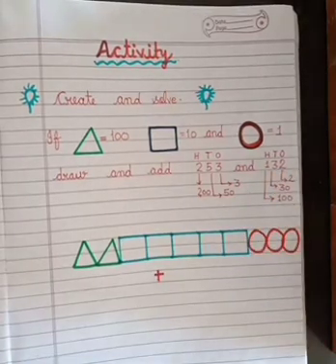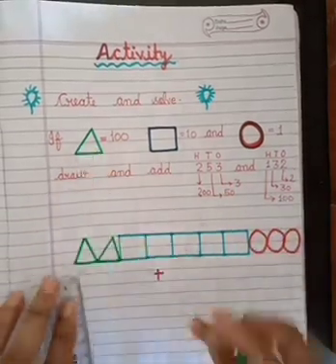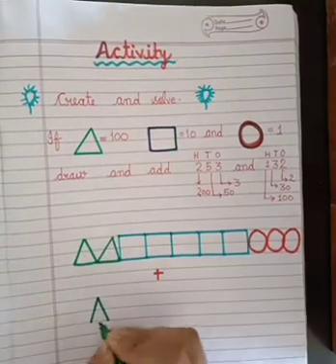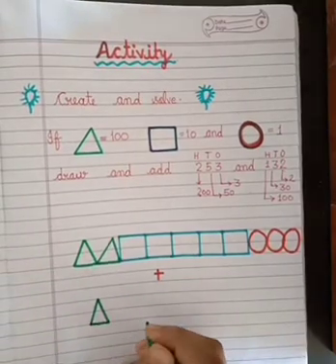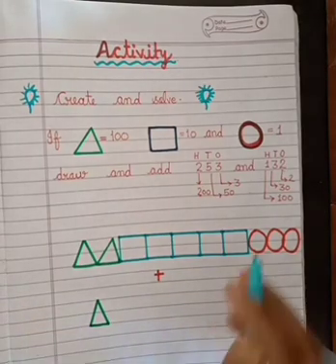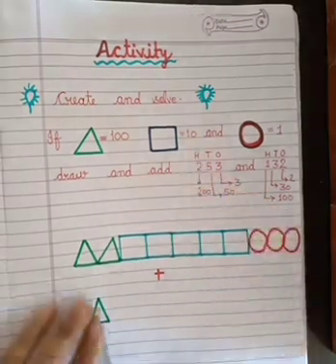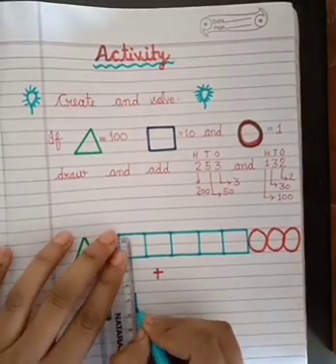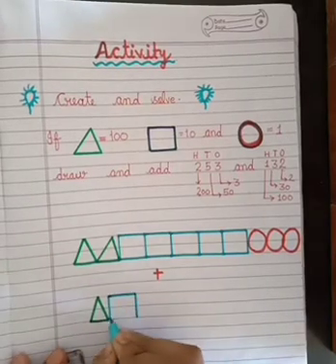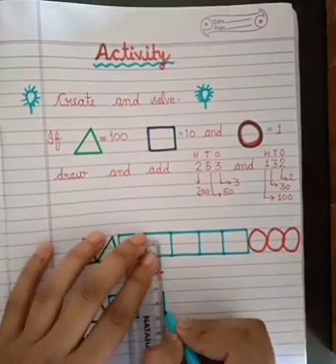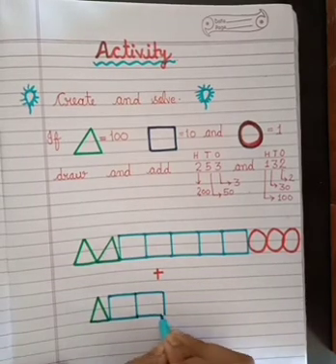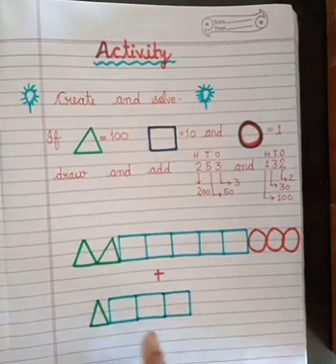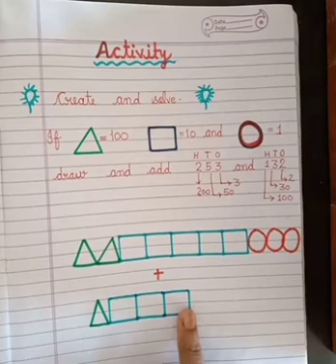Similarly, one triangle is equal to 100. So we will draw only one triangle. Next it is 30. So we will draw 3 squares because it is 30. 1 square, 2 squares is 20 and 3 squares is equal to 30. 10 plus 10 plus 10 is equal to 30.